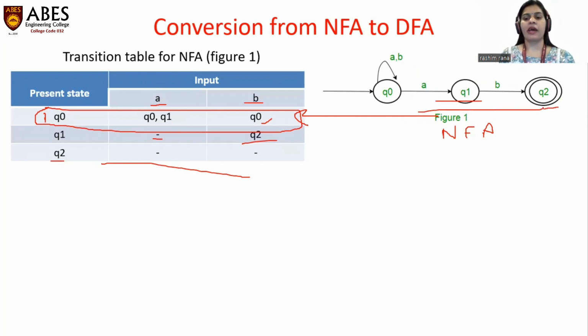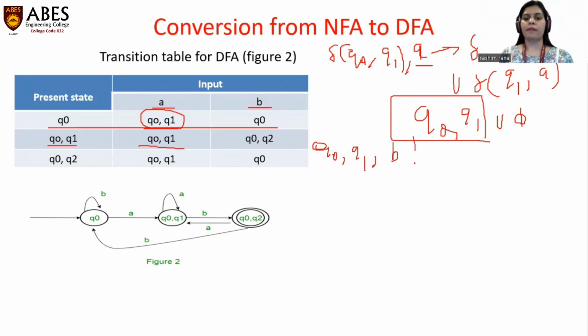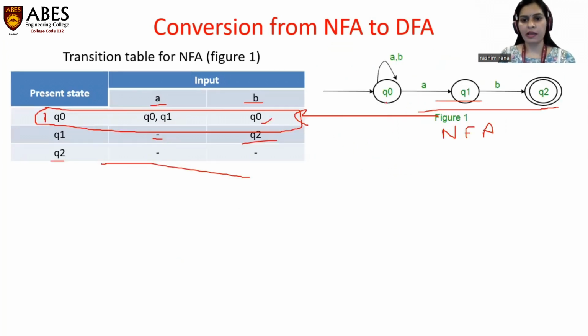That's shown in this diagram. Union phi. So finally we get Q0 Q1. On applying input B on Q0, Q1 B, on applying input B on Q0, we get Q0.